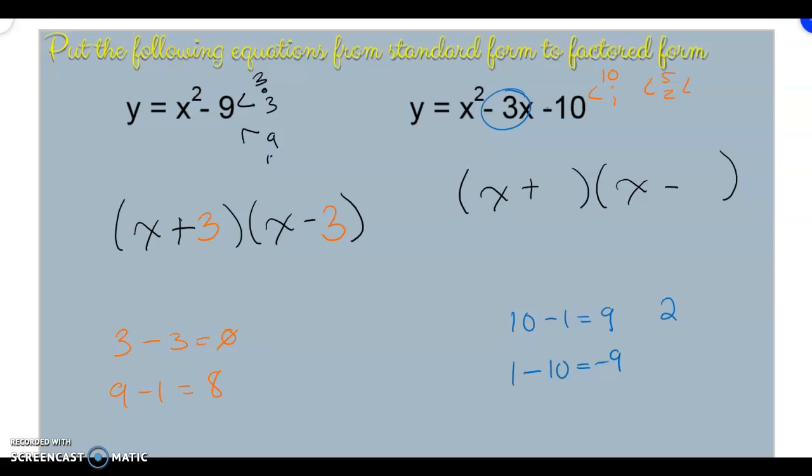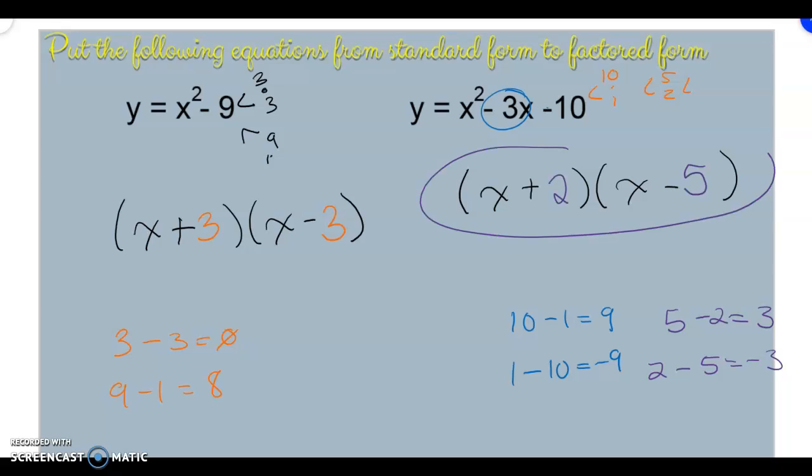So let's do 5 minus 2. So positive 5 and a negative 2 give me a positive 3. But if I flip it around, if I make it a positive 2 and a negative 5, I get a negative 3. So I need to place my 5 here and my 2 there to get my final answers.